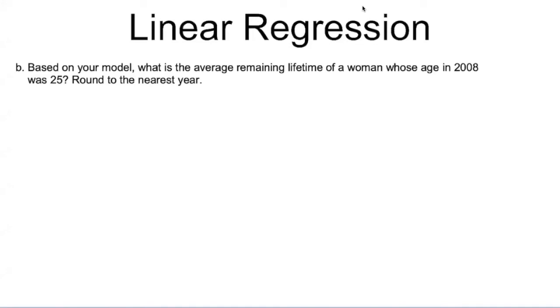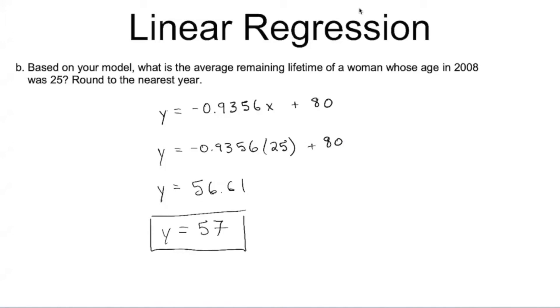So use the linear model that we have just calculated, the one that we used with our calculator, and calculate what the remaining lifetime is of a woman who is 25 years of age. If we use the equation that we last calculated, -0.9356x plus 80, we substitute 25 for x.